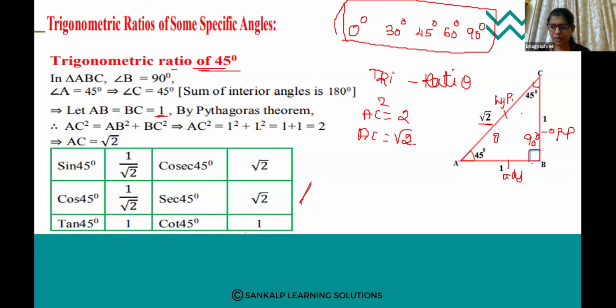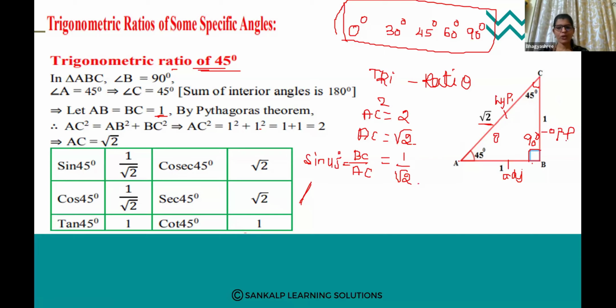Opposite side is BC, hypotenuse is AC. BC value is 1 and AC value is root 2. So dear children, remember, sin 45 degree is equal to 1 by root 2.